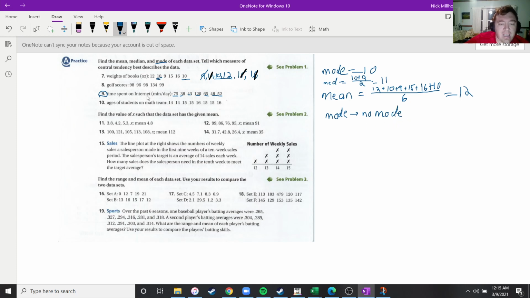Now let's find the median. I'm just going to put the number up here so that if you guys were looking back on it, you could always match it up. Number 9. So the median. For the median, we're going to put it in order.